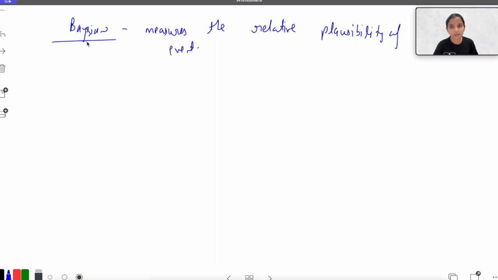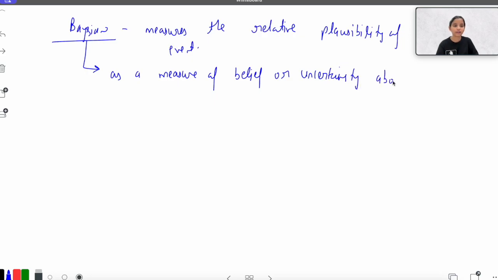So you can say in Bayesian, the probability is interpreted as a measure of belief or uncertainty about an event.